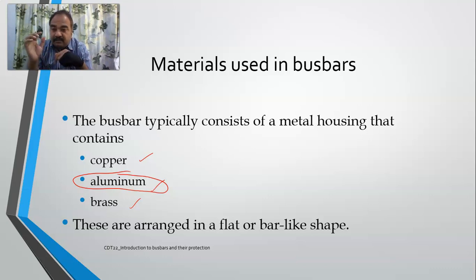And the bar will be very thick because it is supposed to carry hundreds of amperes most of the time. Normally it will be a flat bar type of structure, but depending upon the requirements, shaped structures are also coming into the picture. Now, moving ahead.